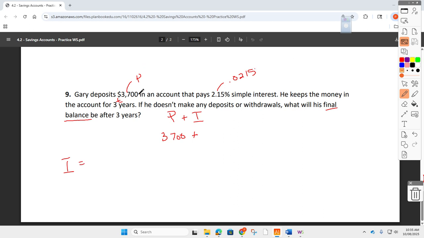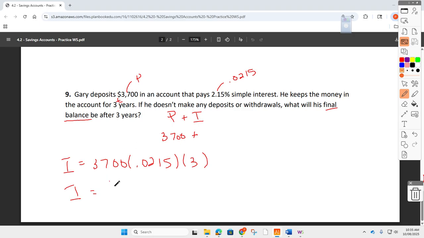We know the P is 3,700. The rate is 0.0215. And we know the time is 3 years. So if we do that on our calculator, I think it's $238.65.